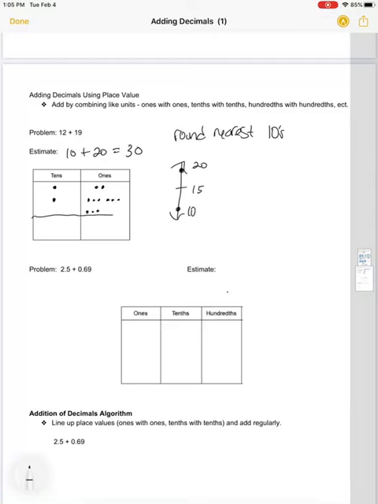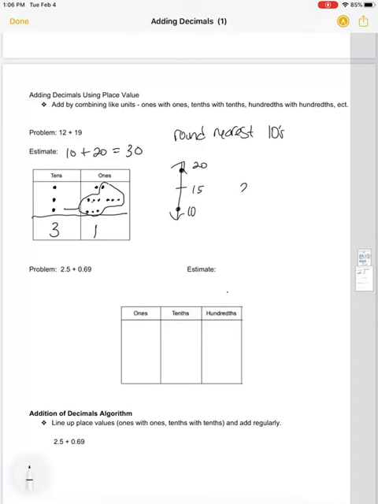And when I combine these, I can count up 9 ones, 1, 2, 3, 4, 5, 6, 7, 8, 9. And I can regroup them to create an extra 10, because 10 ones is the same as 1 ten. And when I do that, what I'm left with is just 1 here and 3 here.